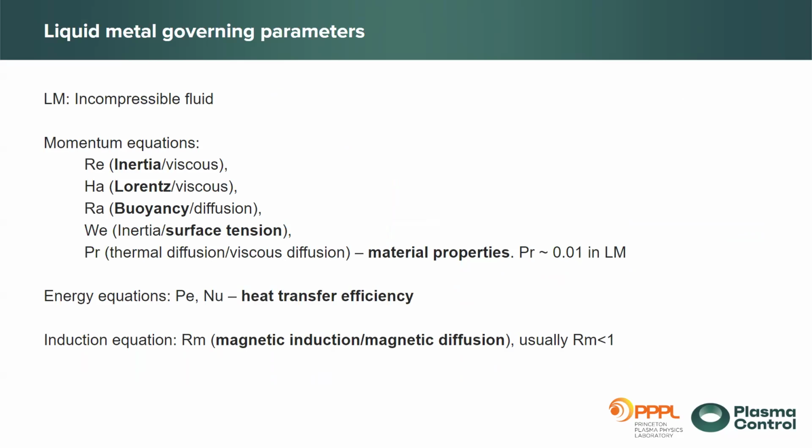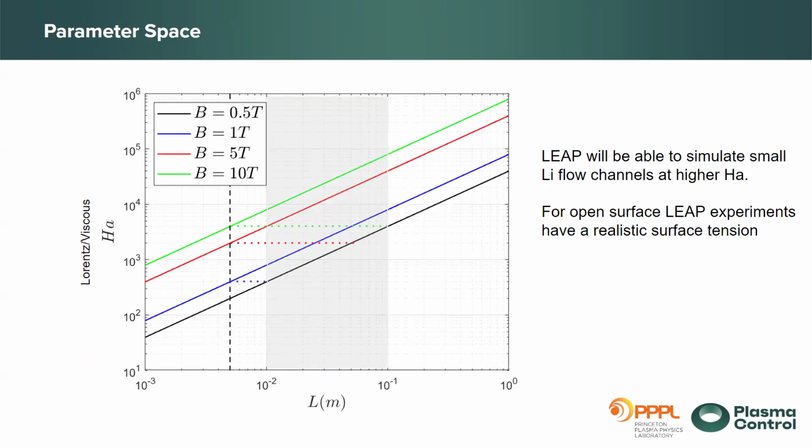Okay, I'm going to skip this. This is just the main controllable parameters relevant to this system. What you can do here is use the non-dimensionalized parameters to scale the lithium system inside LEAP, and how that correlates to a larger B field.